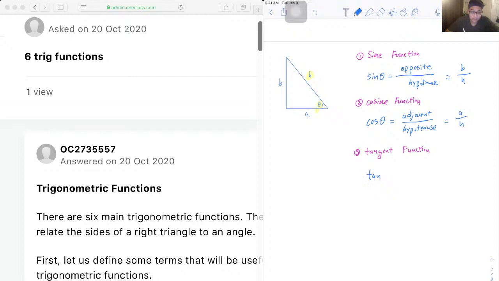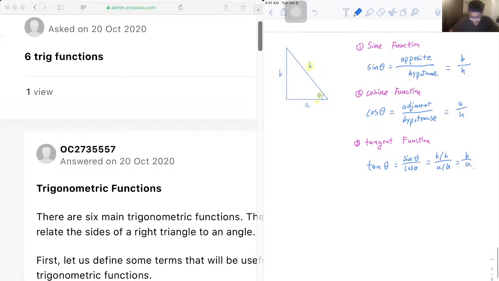So tangent theta is equal to sine theta over cosine theta. And if we just substitute what we have earlier, we'll get B over H over A over H. And by simplifying this, we'll get B over A. Okay, so that's all we have for this.